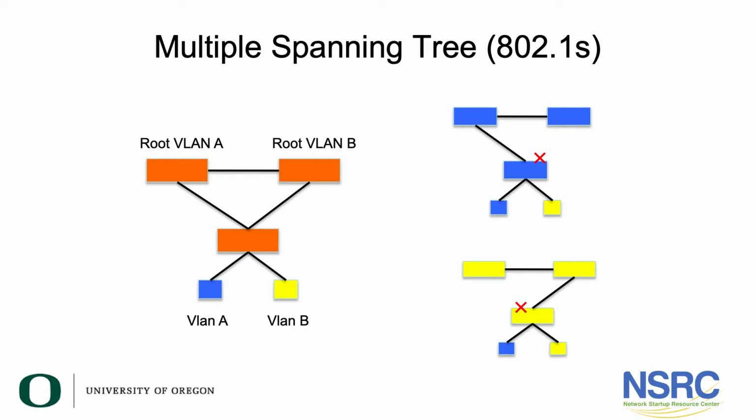This diagram shows us what we'd like to achieve. We have VLAN A, which is the blue VLAN, and VLAN B, which is the yellow VLAN. And we have these three switches at the top, these two down here, and nodes.